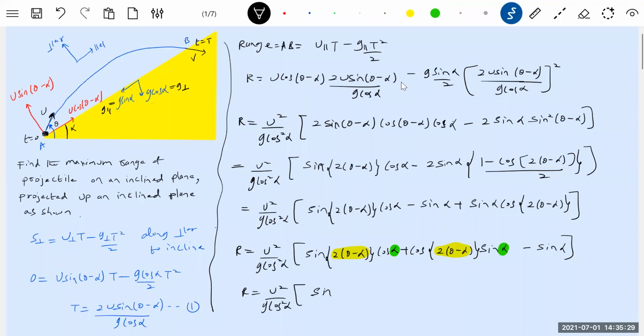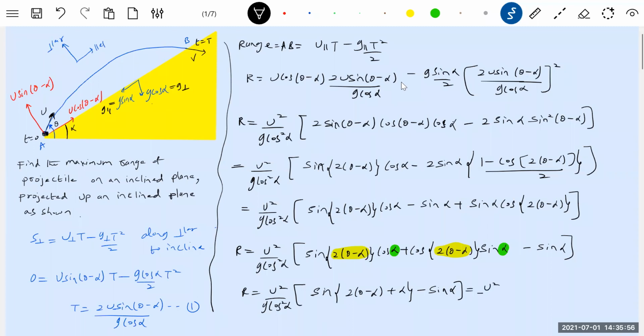Sine A cos B plus cos A sine B gives sine of 2 theta minus alpha, minus sine alpha.